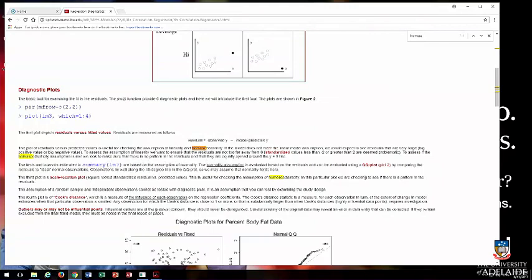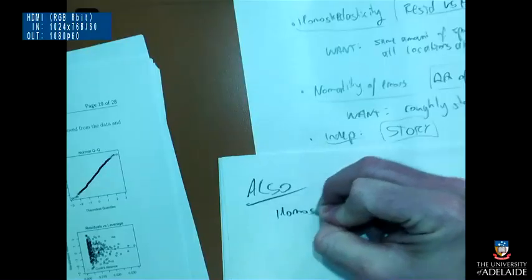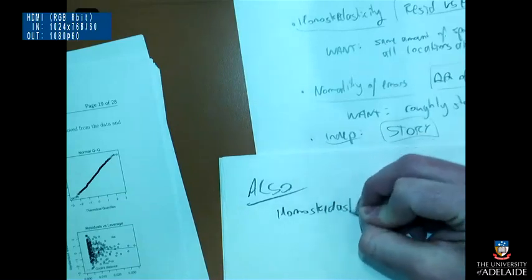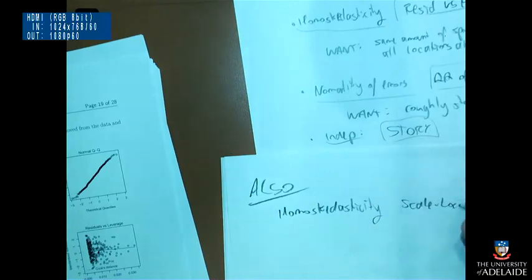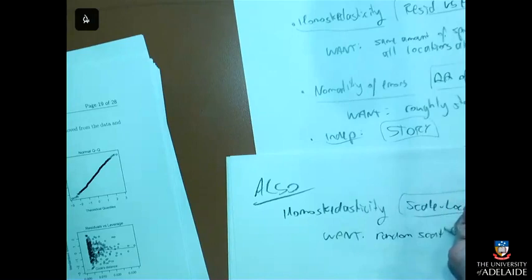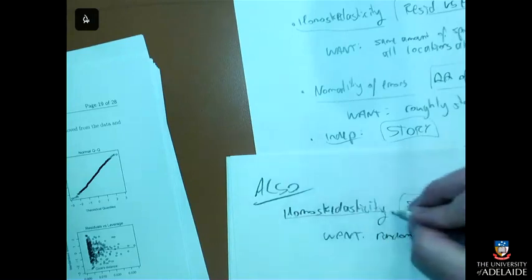Okay, so the other option, just to add to the pile, is also, yes indeed. Homoscedasticity is from the scale location plot. And what you want is random scatter. That's what it says you want.